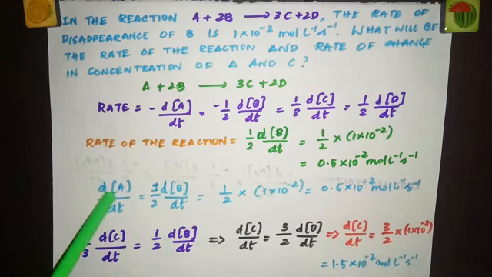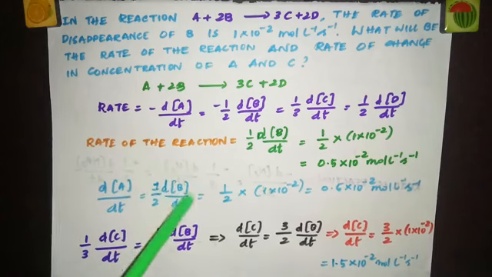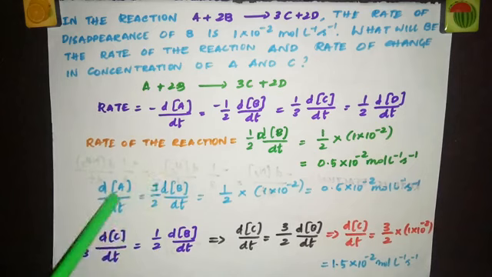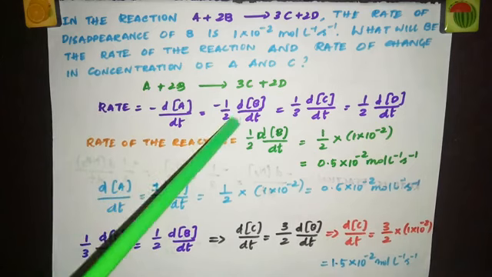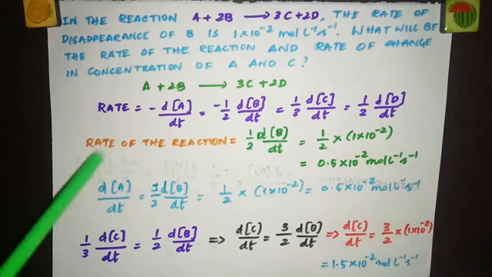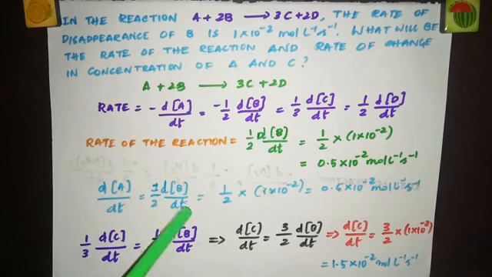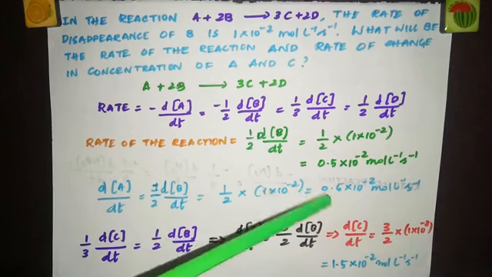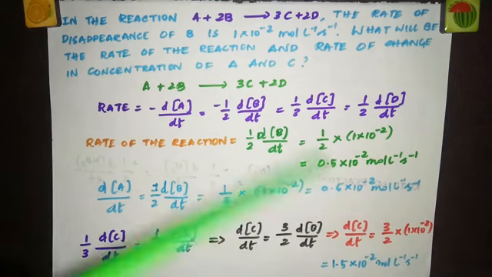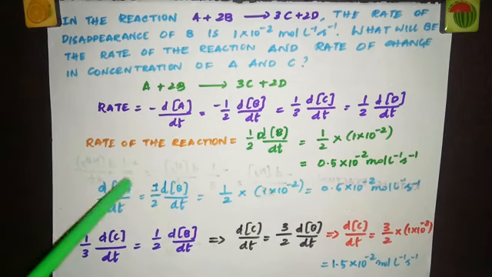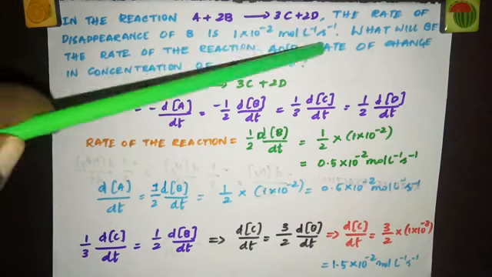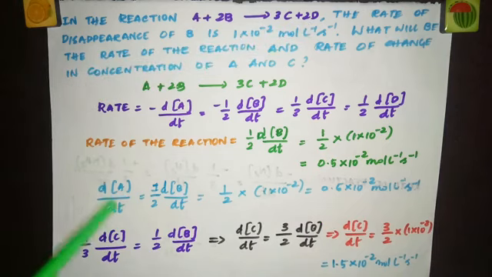So we are relating rate of disappearance of A with rate of disappearance of B because this is actually given in the question. You know the value. So we are relating with this. So dA by dt is equal to 1 by 2 dB by dt. So what will be dA by dt? 1 by 2 into 1 into 10 to the power minus 2. Again, you are getting the same value. So rate of the reaction is equal to dA by dt. So you have found out the second answer, rate of change in concentration of A.